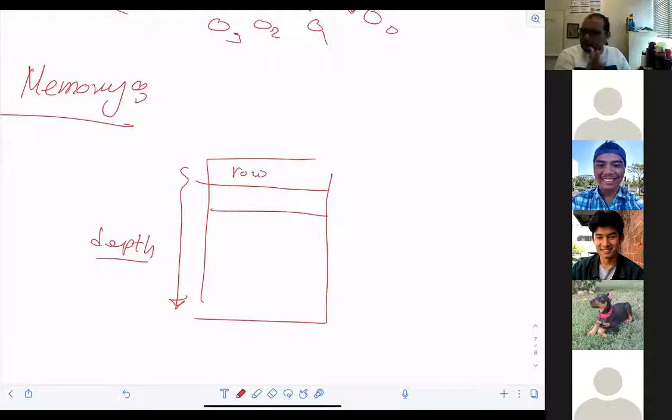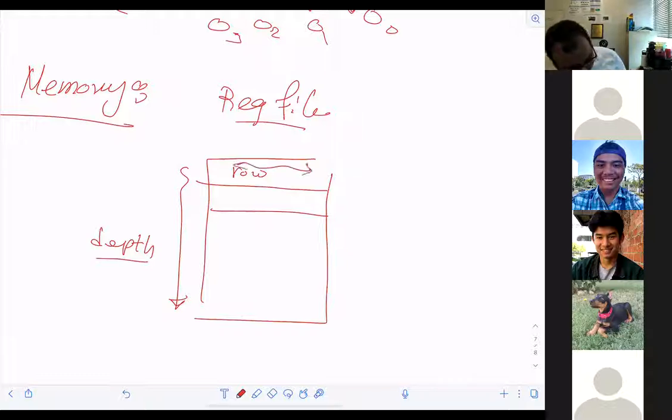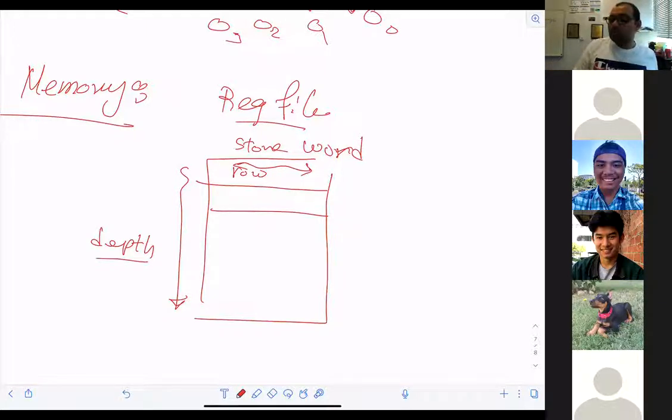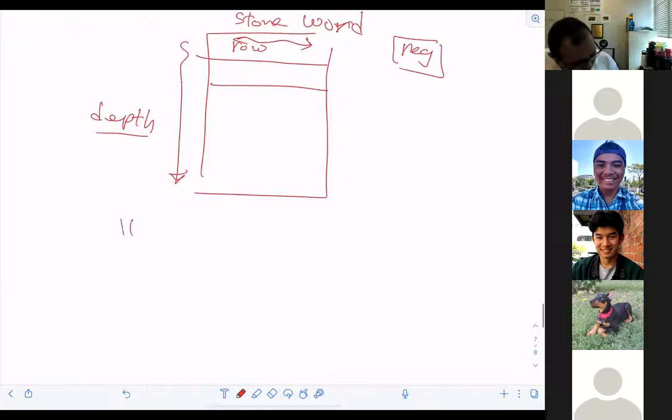You can consider something called a read file or register file. That's something very famous in computer architecture. But anyway, it's a row and depth, right? The row stores something called a word. And the row is literally what? A register. So for instance, when you go buy a memory, they tell you this memory stores this amount, like 4 gig, 8 gig, 16 gig memory.